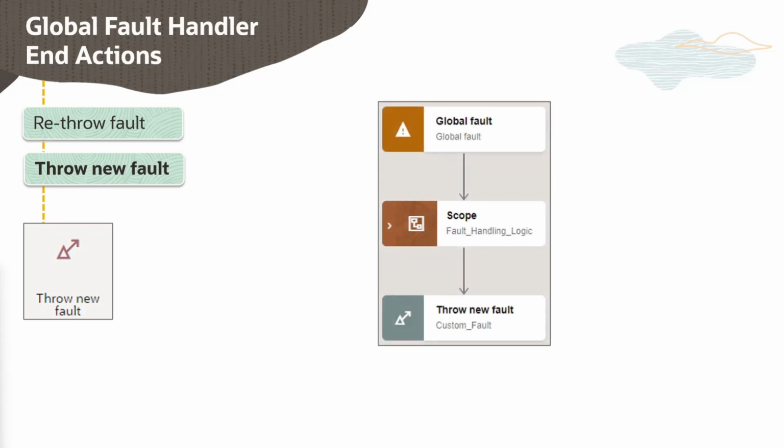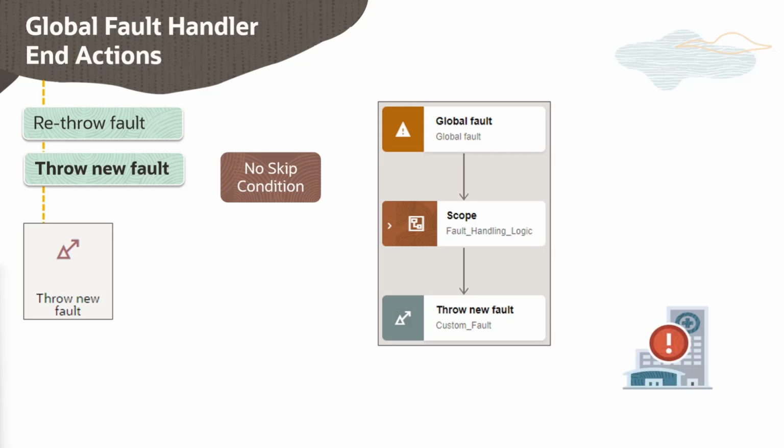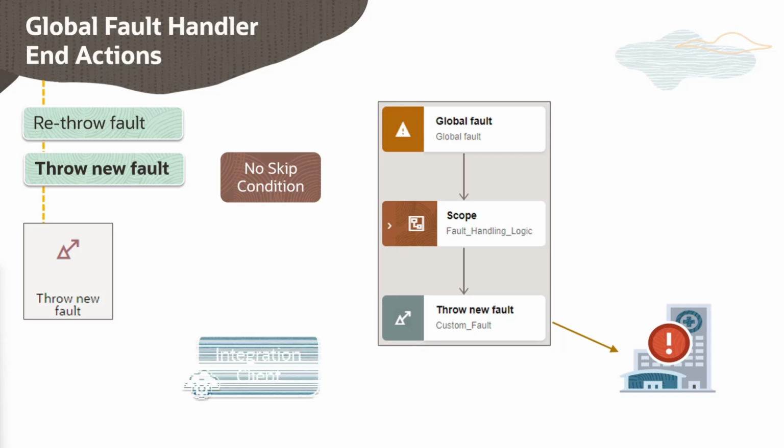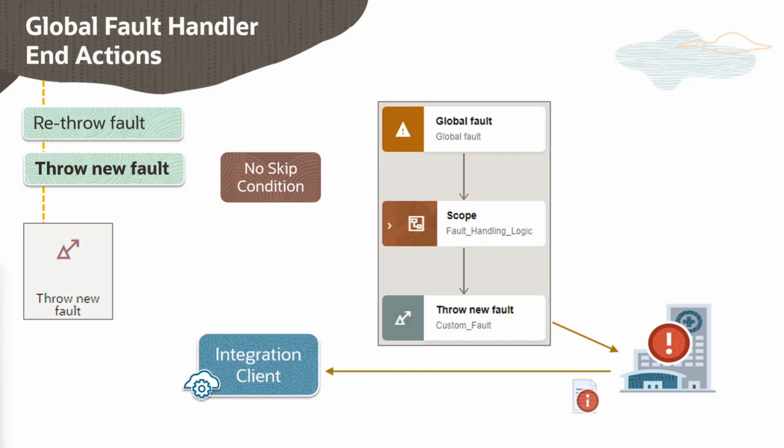In this example, as an end action, there is no skip condition defined, which means it will always execute. You'll configure this action to define a new custom fault, which will then be sent to the error hospital as the integration terminates. And once again, if this is a synchronous flow, the new custom fault message will also be returned to the integration client.